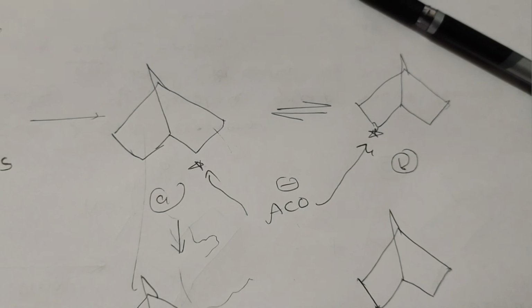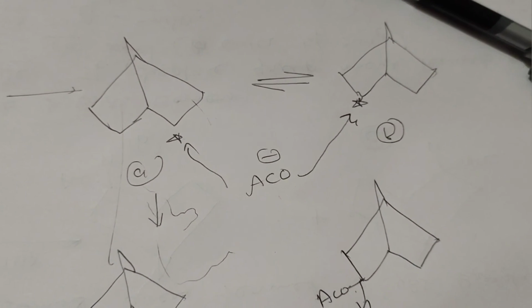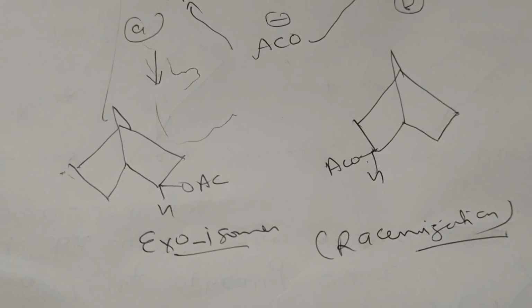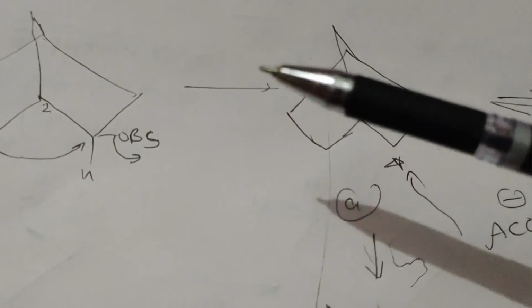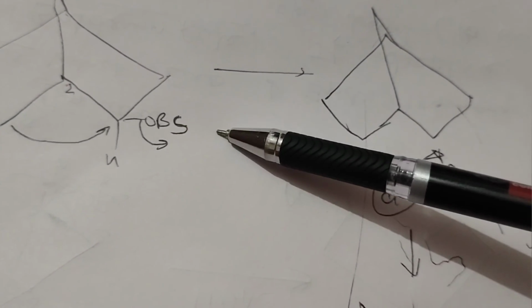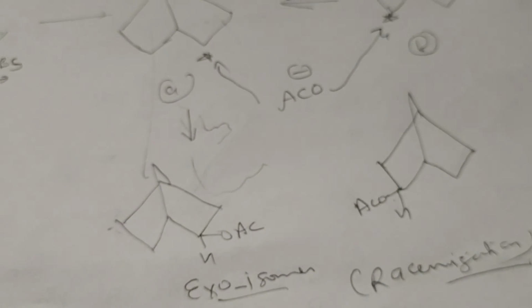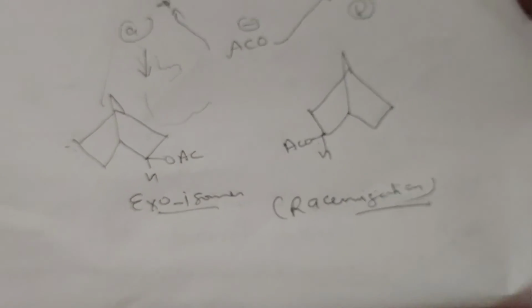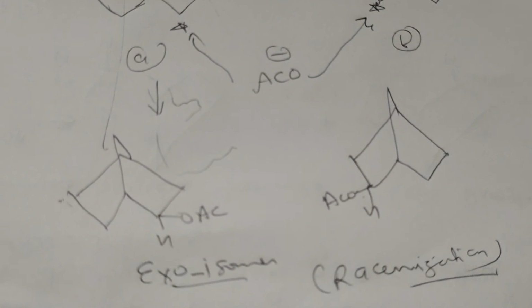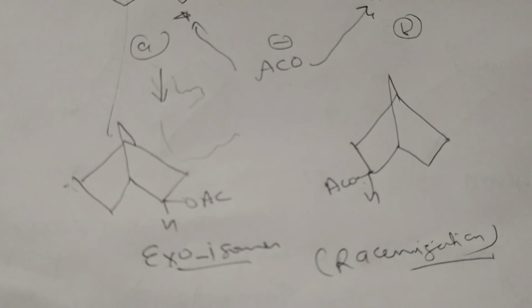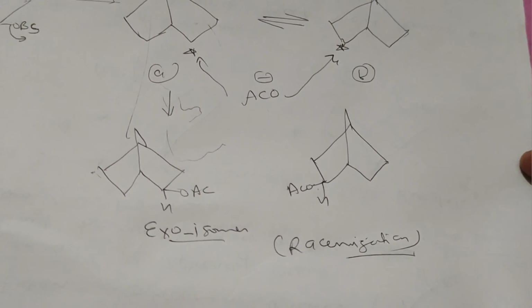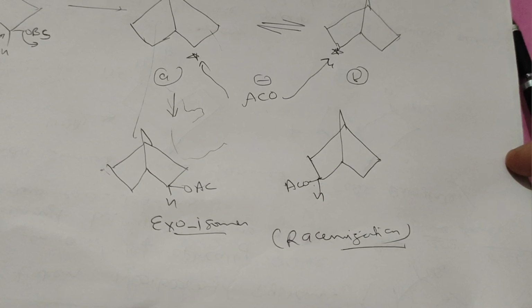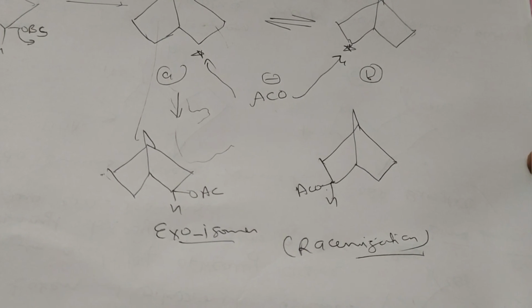The OAc group has two pathways. It can directly attach over here, and we will get the exo isomers because the displaced bond moves out from the ring. So that's why we can say this is exo. So we get two kinds of product over here. Both are exo isomers and both are optically active, and this kind of product we can say is racemization, because racemization, you know, what is racemization?